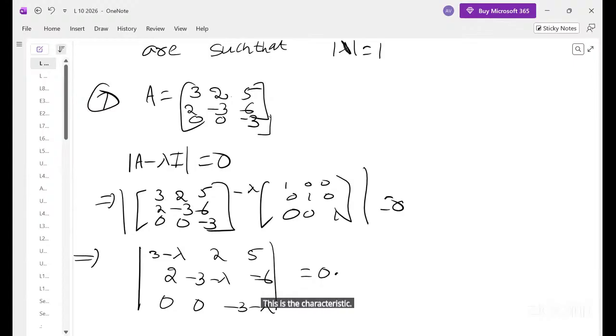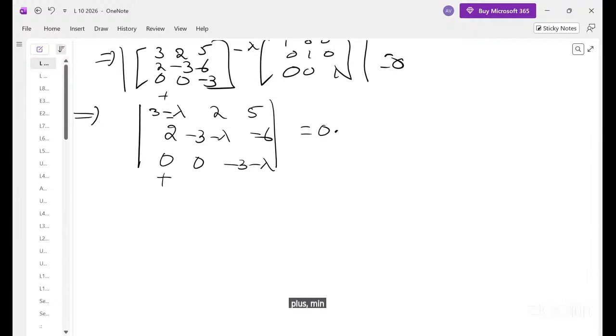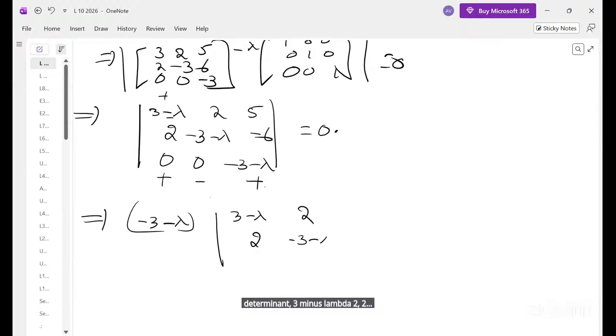We have to expand the determinant. It is easy to expand along the last row because many zeros are there. Signs plus, minus, plus. So 0 into anything is 0, minus 0 into anything is 0, and then minus 3 minus lambda into the determinant of 3 minus lambda, 2; 2, minus 3 minus lambda.